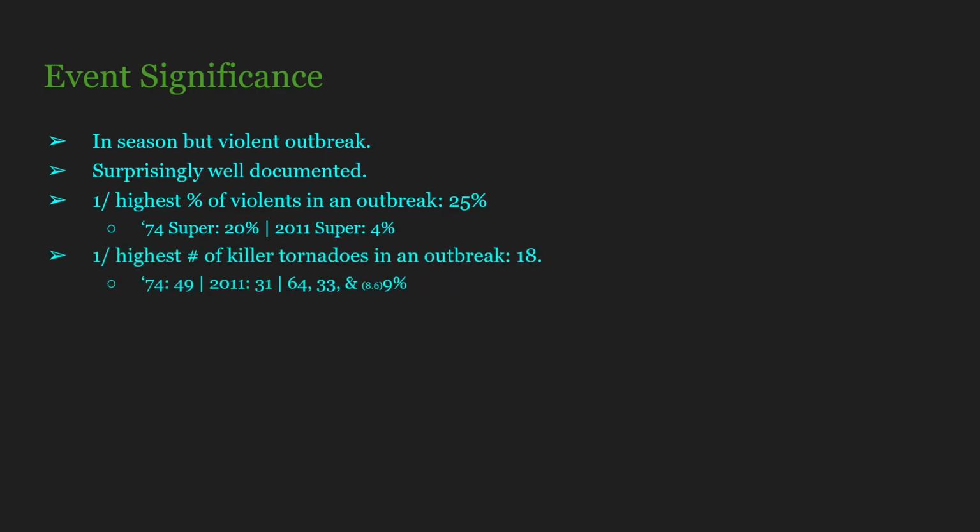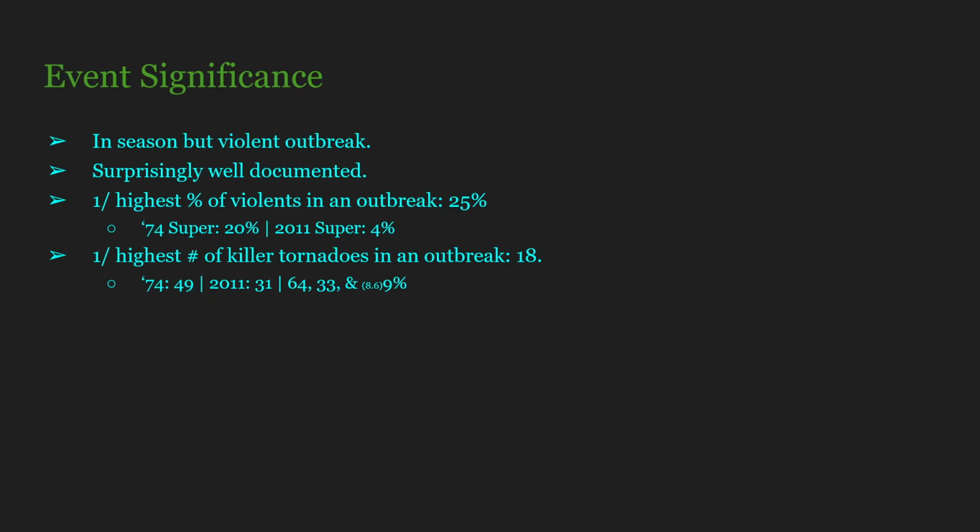At the very beginning, I mentioned the amount of killer tornadoes, and that is here at the very end. Again, this tornado outbreak has one of the highest numbers of killer tornadoes in an outbreak at 18. For comparison, with the super outbreaks, 1974 saw 49 out of 148 be killer. 2011 saw 31 out of 360.